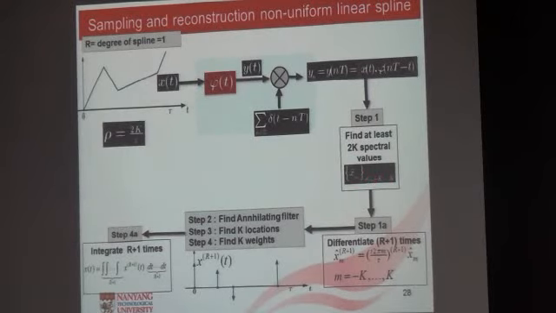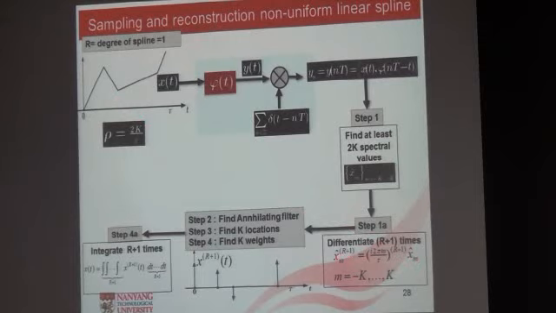So I know that I can differentiate r plus 1 times, in this case twice, and there's an expression for the spectral values of the piecewise linear, or the non-uniform linear spline, in terms of the Diracs, right?